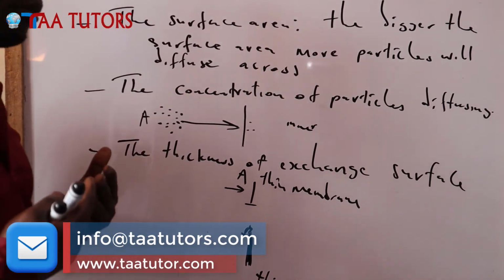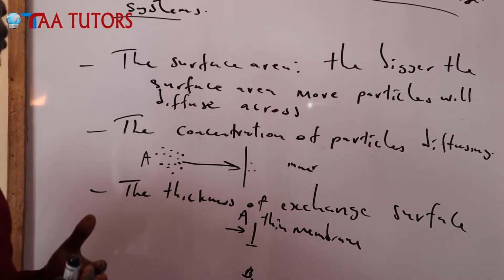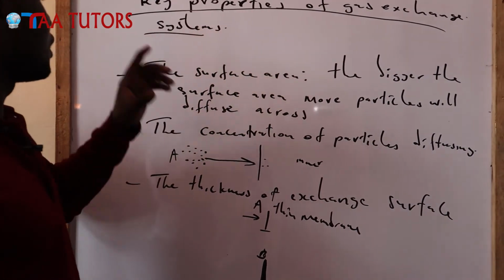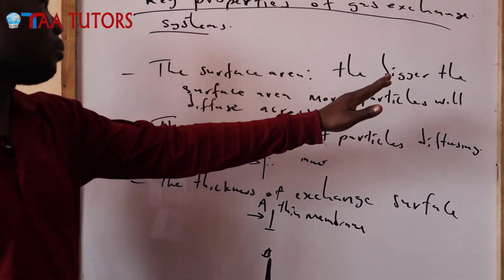If I am talking about a membrane of gaseous exchange, like the lungs in a human being, we will be seeing how the lungs are adjusted to ensure that the surface area is big enough so that we can take in a large volume of gases.